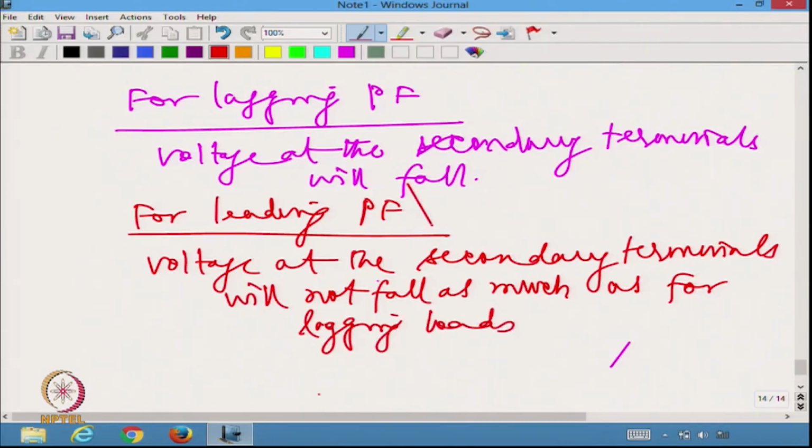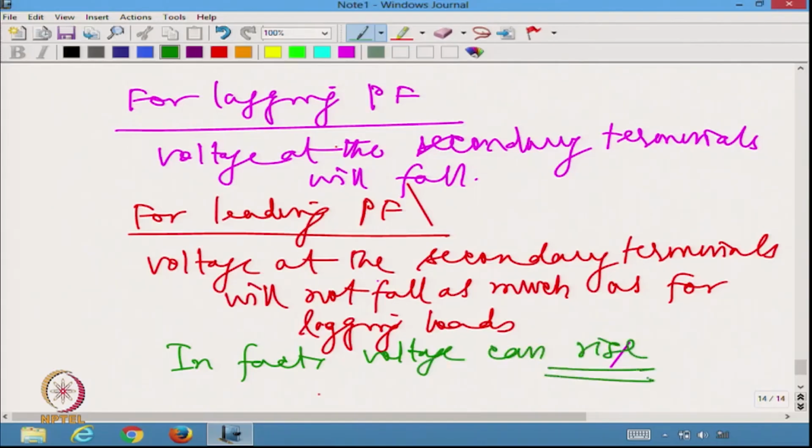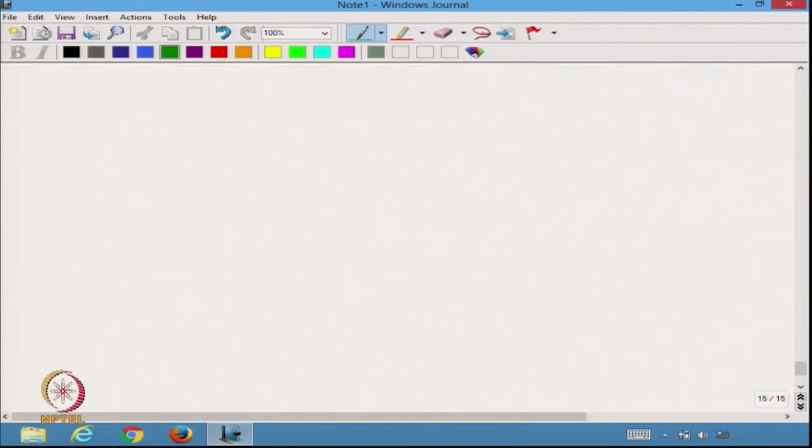In fact, the voltage can rise. It need not even fall, it can rise. So, whenever we have a capacitive load, we will see that the secondary voltage rises.